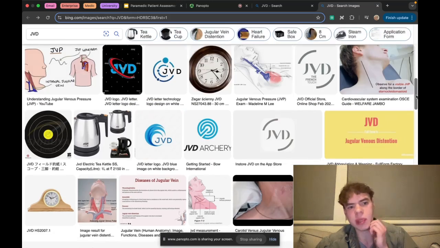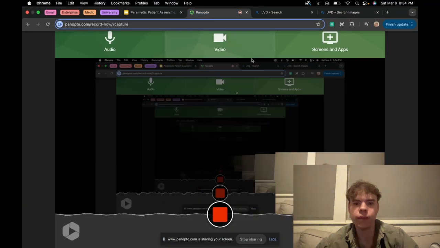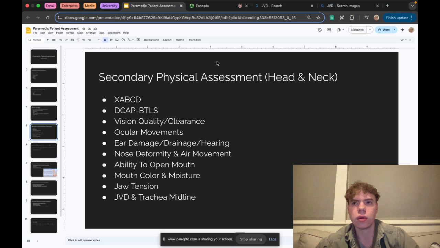Another treatment is nitroglycerin if it's indicated. Basically they have fluid buildup, and that's a sign that a patient might have heart failure, which is just something to keep in mind.